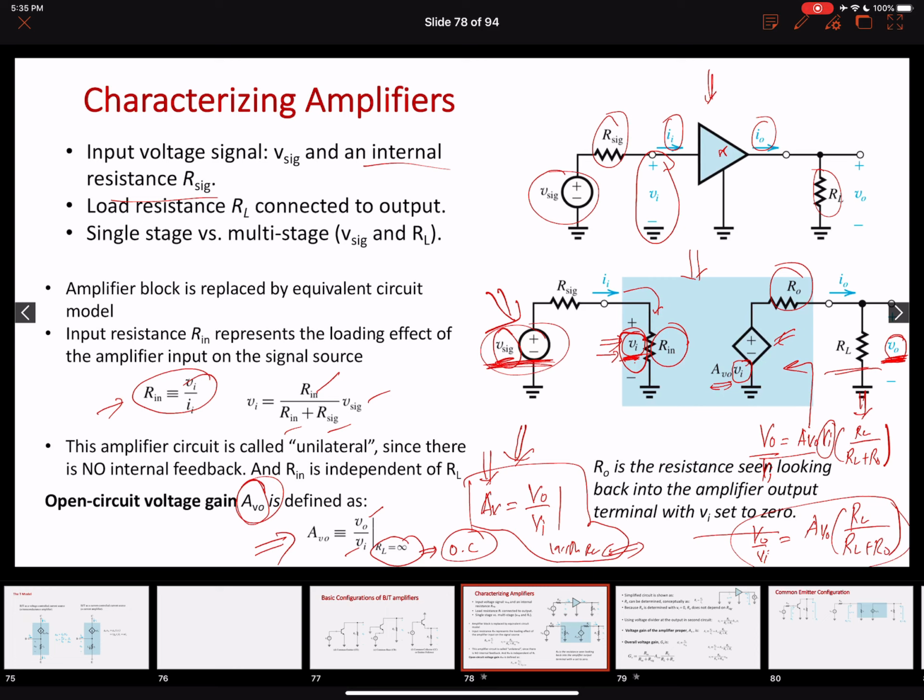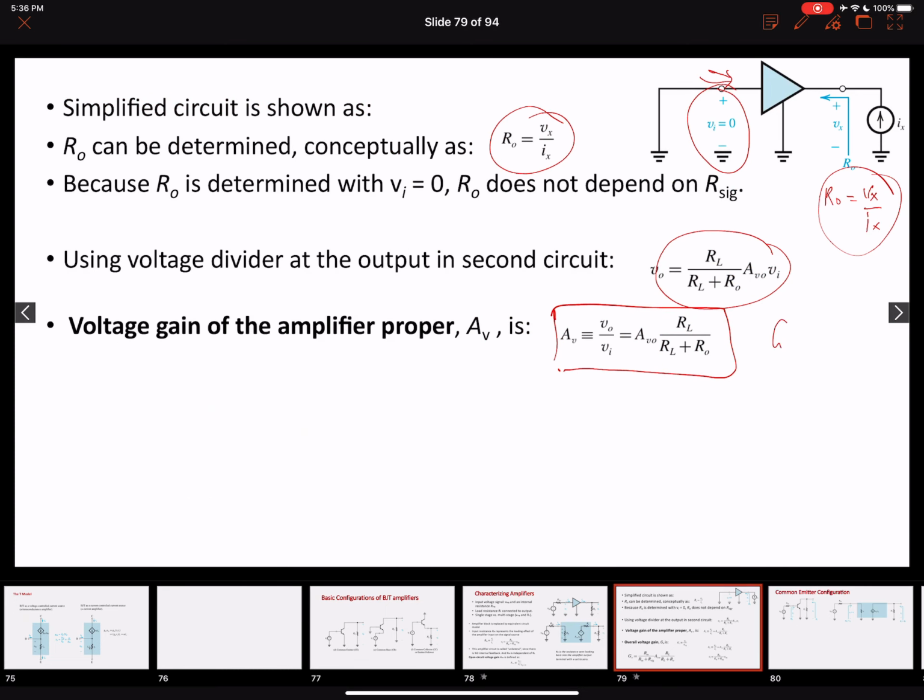The third important gain that we want to find is the overall voltage gain of the circuit, in which our output is V naught again, and our input is V signal, the signal that we want to amplify. So we are interested in finding the overall voltage gain, output to V signal.